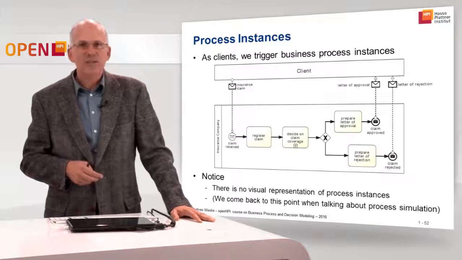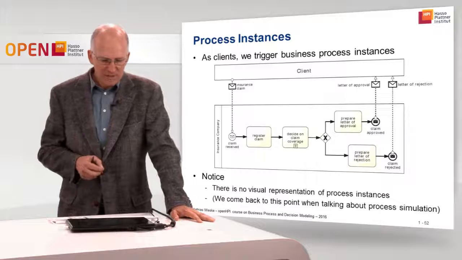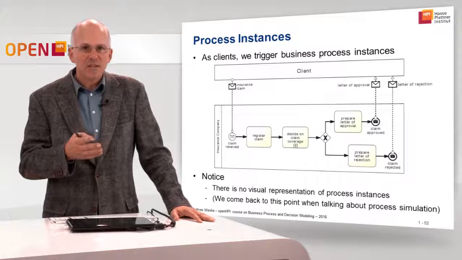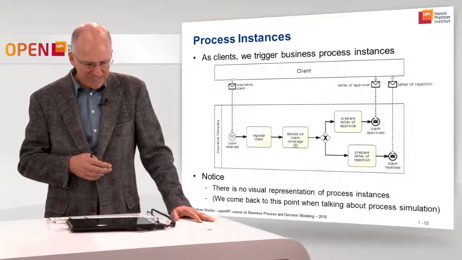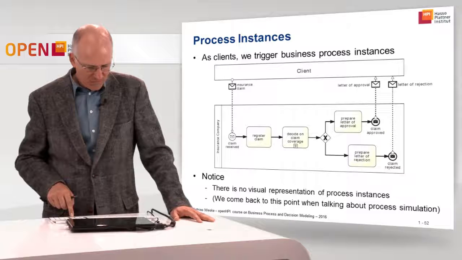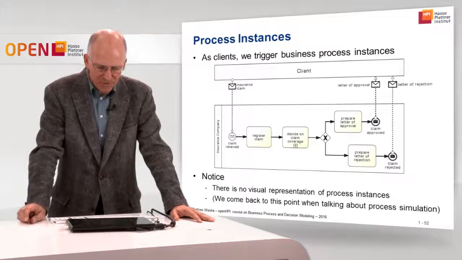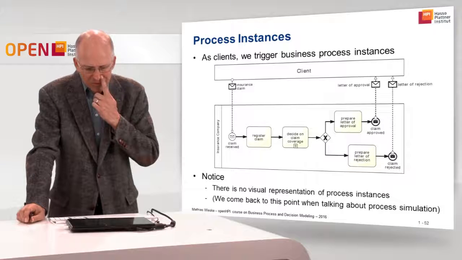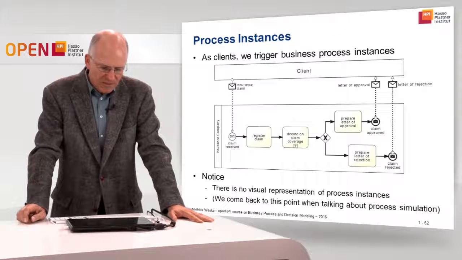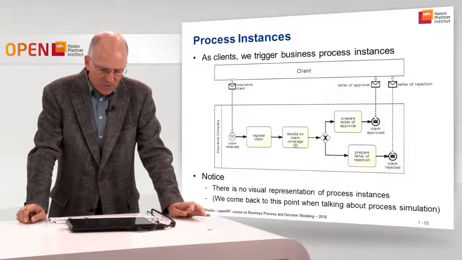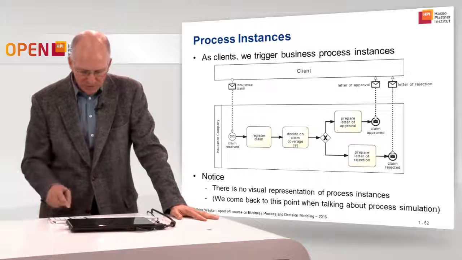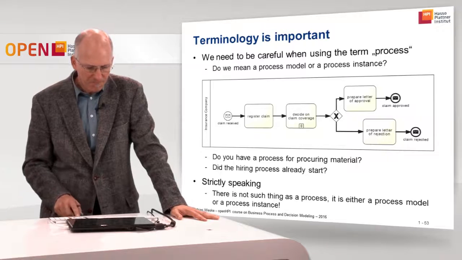And in the previous slide, we had the example of the insurance claims by these three gentlemen whose bikes have been stolen, and these three gentlemen created then each a process instance. We come back to the point of the missing visual representation when we talk about process simulation later in this course. So process simulation gives us the ability to also visually represent process instances, and that is also one of the strong points of using process simulation.